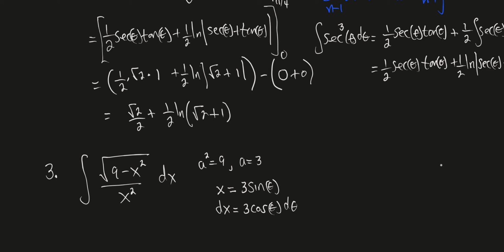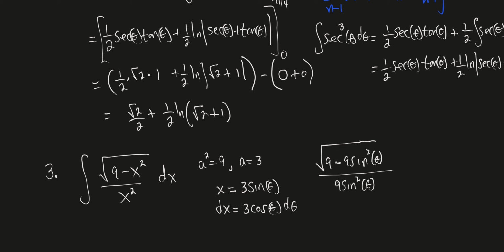So we got the square root of 9 minus, when I square this, I end up with 9 sine squared theta, and then this is all over, again, this squared, 9 sine squared theta.